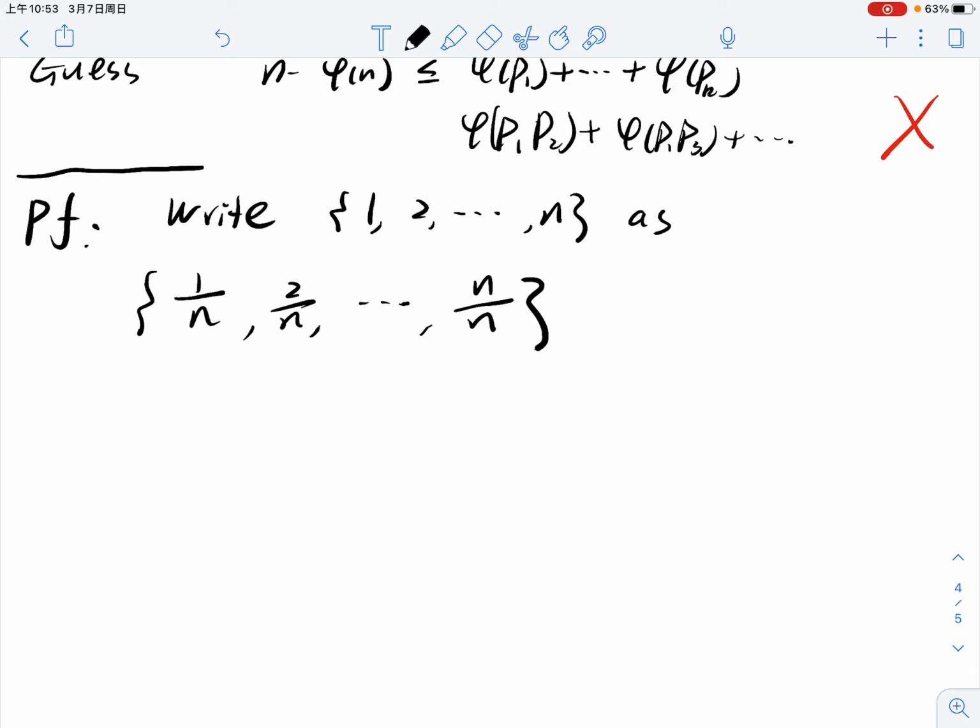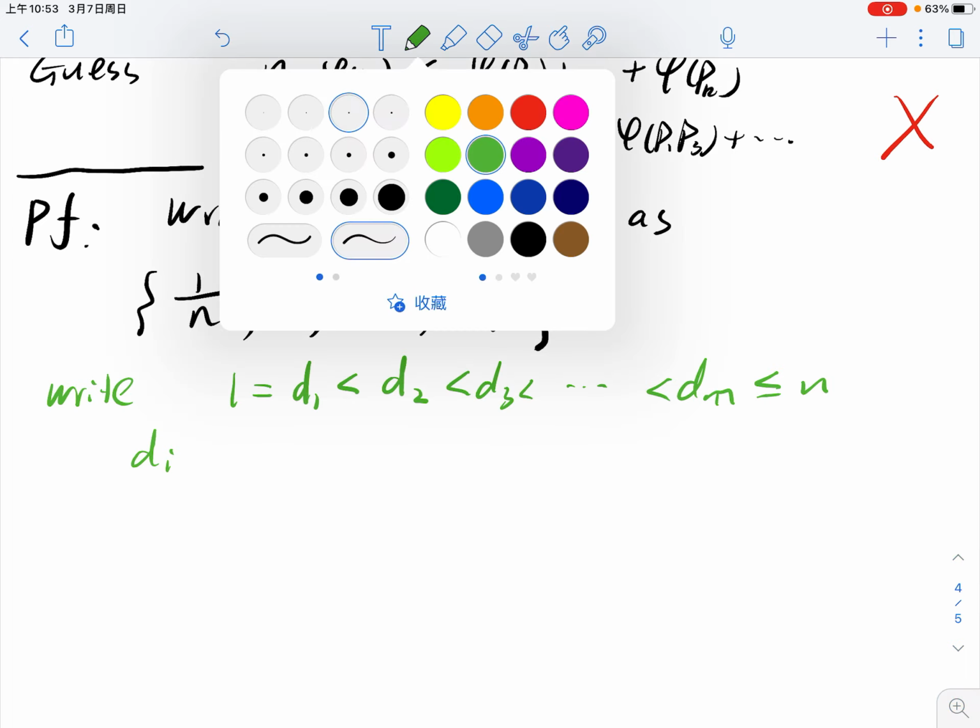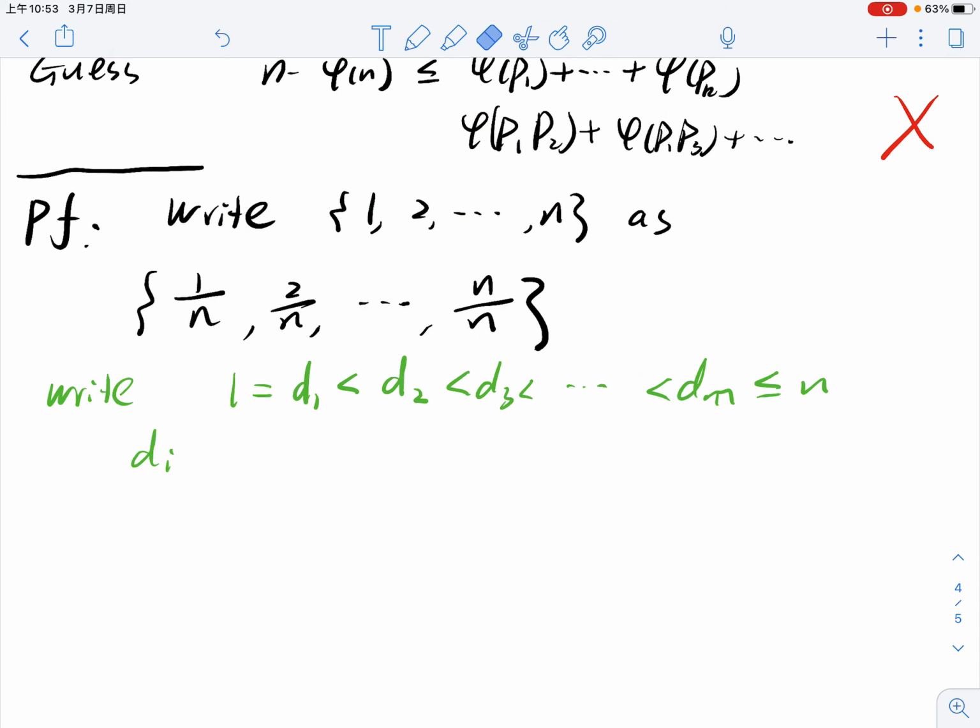Before that, let's also write all the factors of n in this form: d1 less than d2 less than d3 less than dm, where d1, d2, all the way to dm are all factors of n.